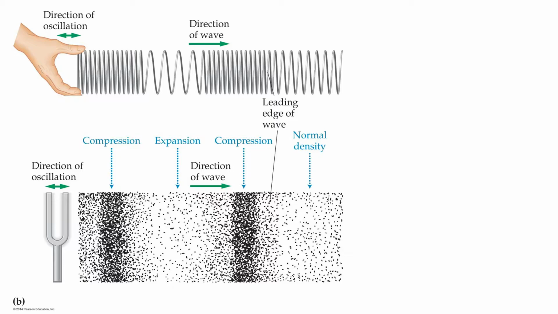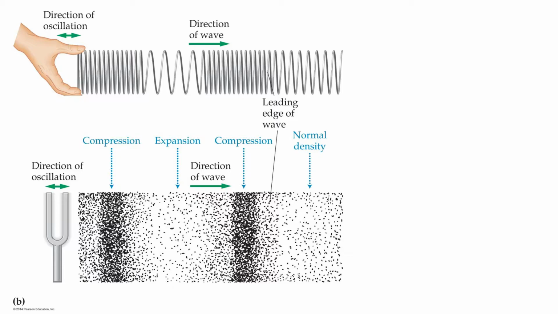So for example, if I take a tuning fork and I hit the tuning fork with something, then the tines, the prongs of that tuning fork oscillate back and forth. And as they oscillate back and forth, they also create compressions and expansions. But this time, instead of it being the coils of the slinky, it's the air molecules.